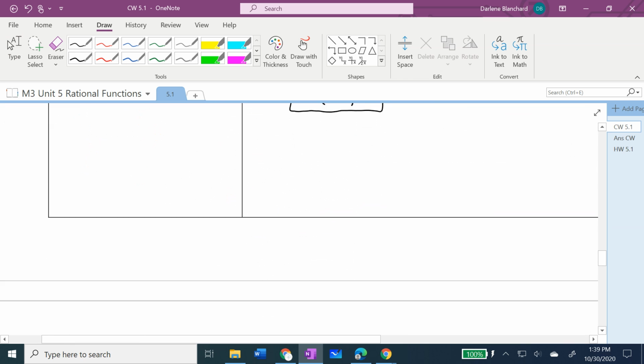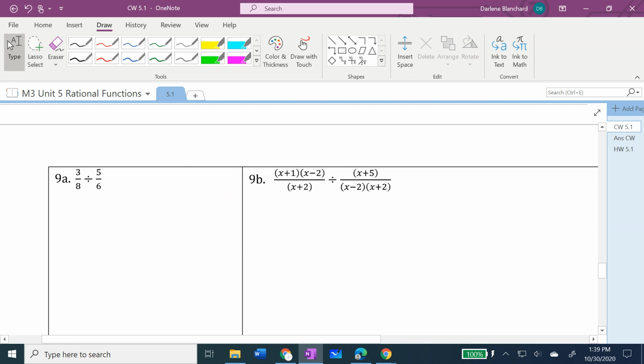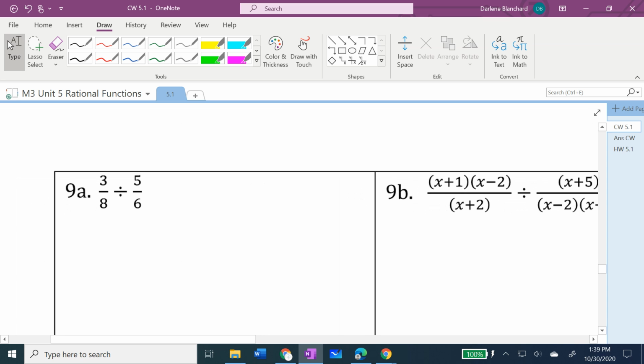Okay, checking the time. Do you remember how to do division? With division, you are going to multiply by the reciprocal. Do you remember that?